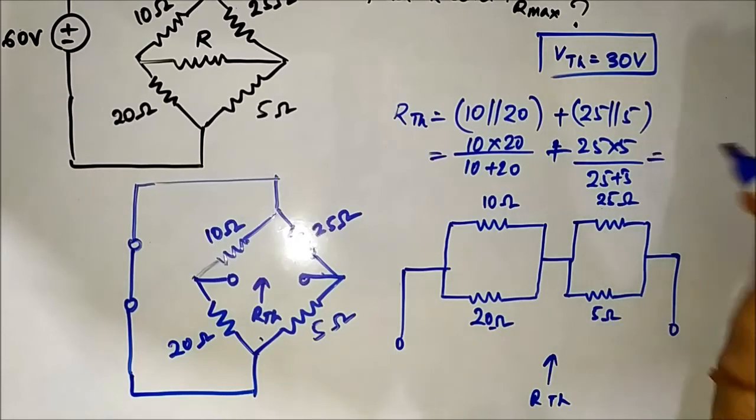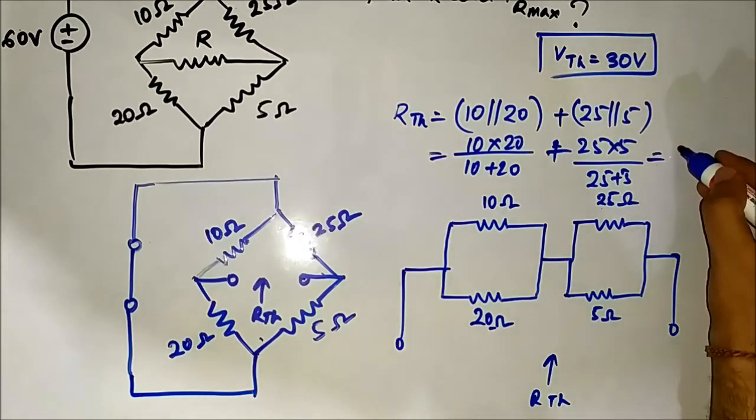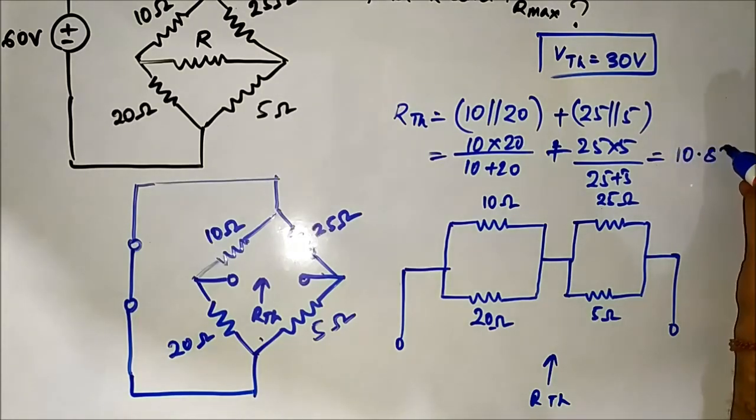Let us calculate, it is 200 by 30 plus 25 into 5 by 30. So the result is coming around 10.83 ohms.